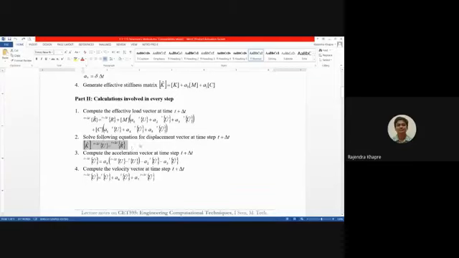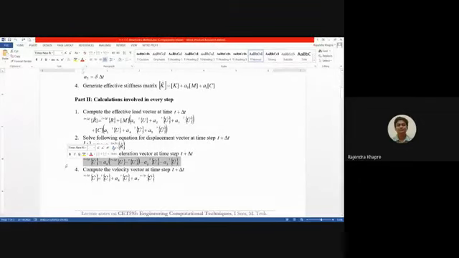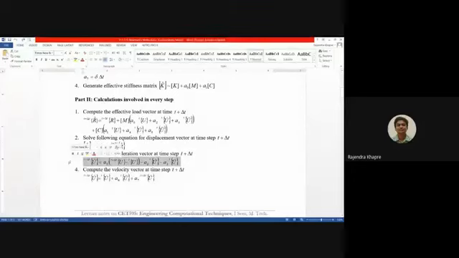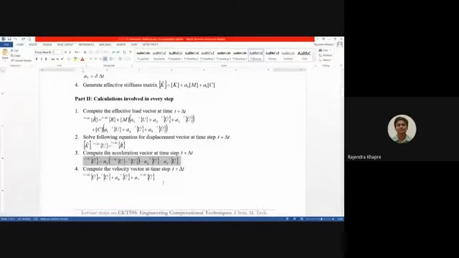Now using this displacement, you can calculate the acceleration, and you can also calculate the velocity. Here the acceleration is calculated first because it is required in the calculation of the velocity. Earlier, in the central difference method, the calculation of acceleration and velocity was optional because they are not required in the next step.